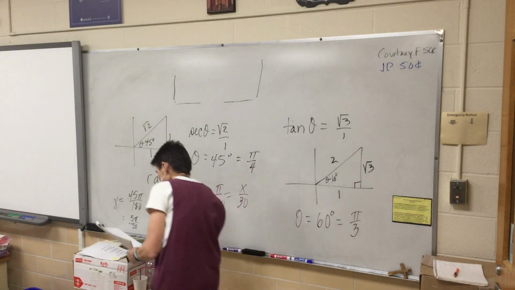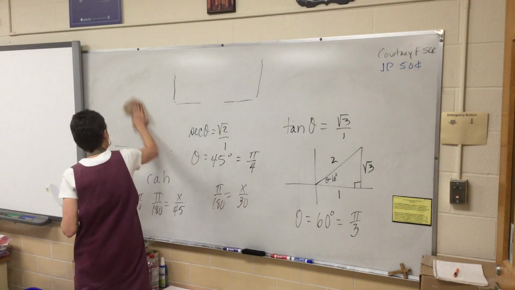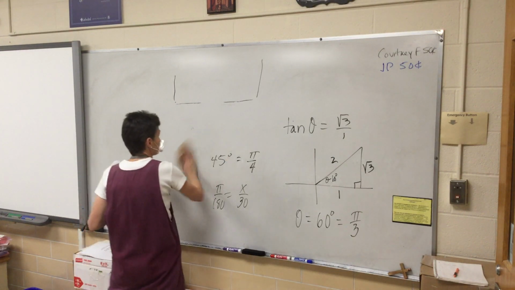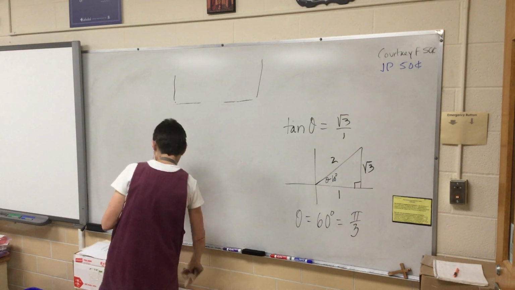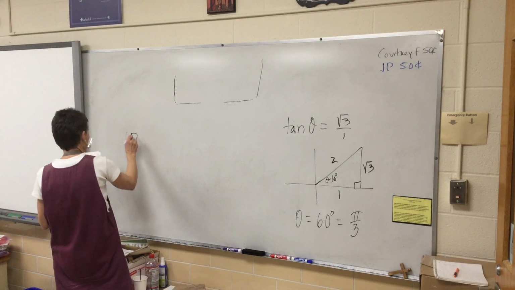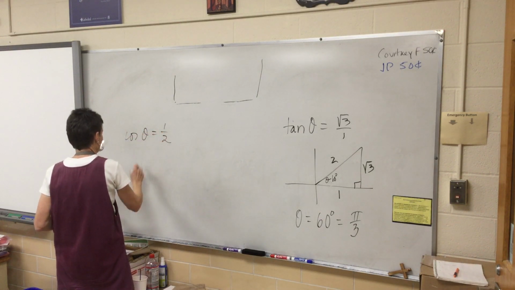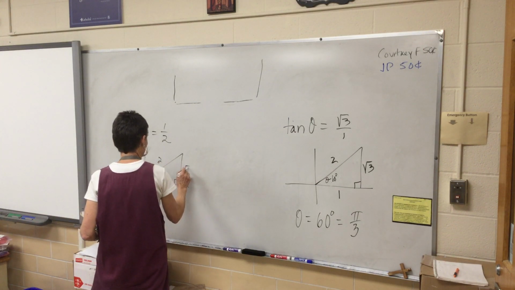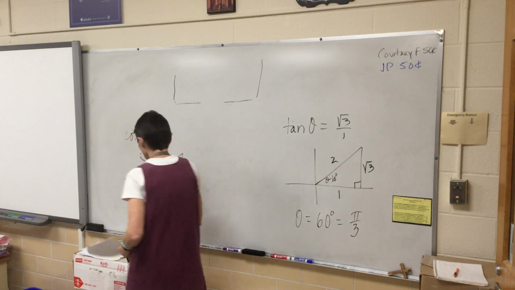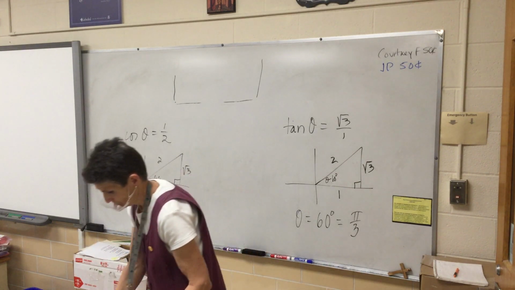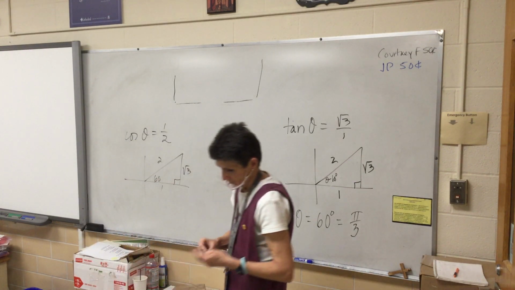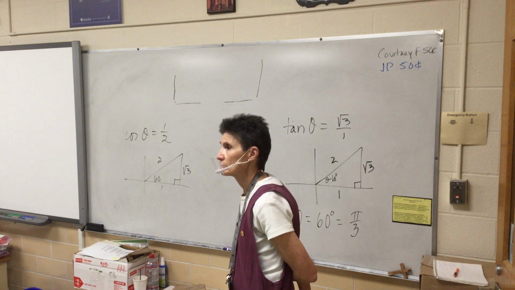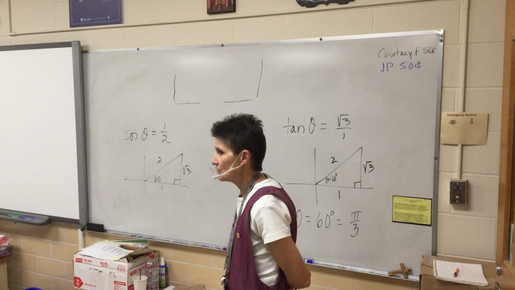Okay, one more. Cosine is 1/2. I got 60 again, did you?